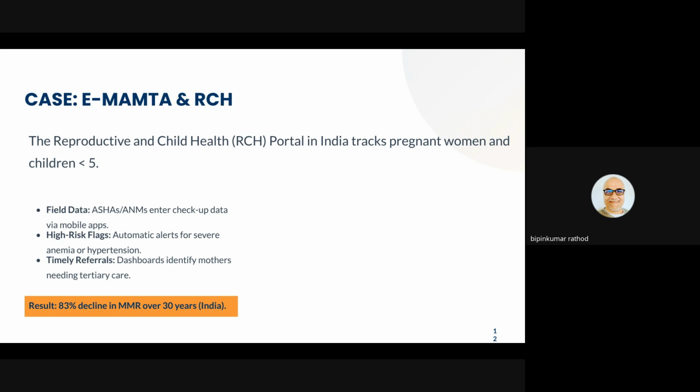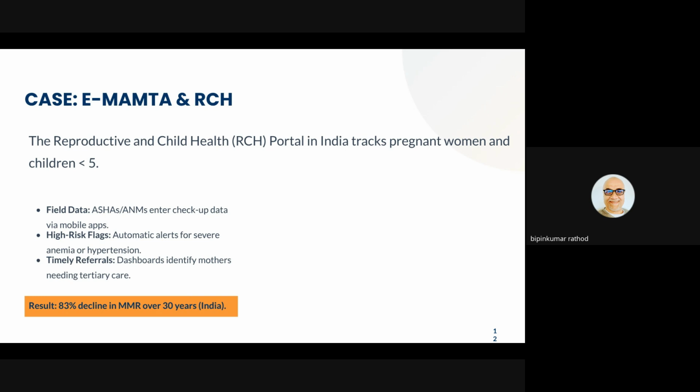So what result did we get out of this? Lots of investment, lots of ministry coordination and effort. In the last 30 years, we have managed to reduce the maternal mortality rate by 83%. A huge achievement. In my days, it used to be 200 plus, and now it has roughly reduced to 40, 30 per 1,000 mothers.